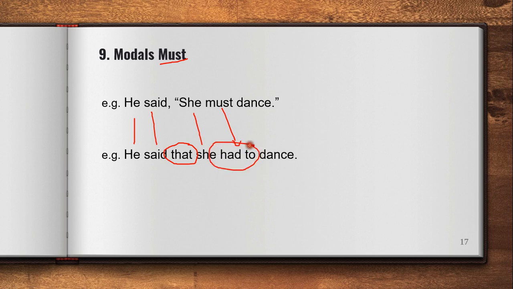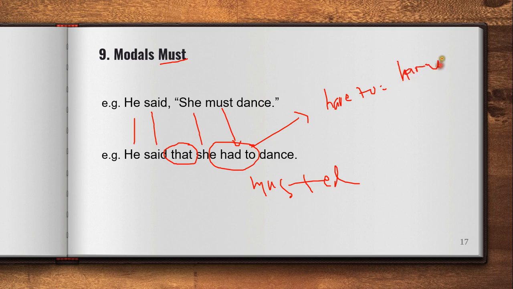Why does it become had to, Mr. Andy? Why is it not must it? There is no must it, guys. If you want to change must, don't make it ed, okay? Actually, had to comes from have to. Okay, have to means harus in bahasa.